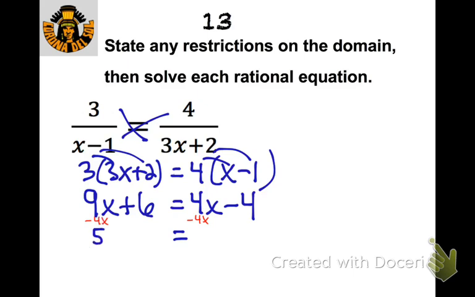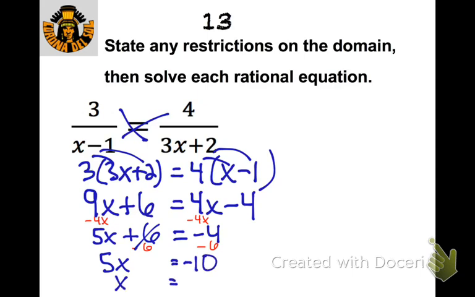That would be 5x plus 6 equals negative 4. Next, it'd be a good idea to subtract 6, so that would be 5x equals negative 10. And then go ahead and divide by 5. So divide by 5, we get x equals negative 2.